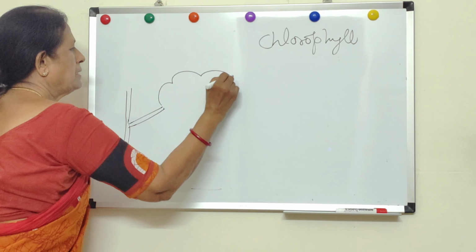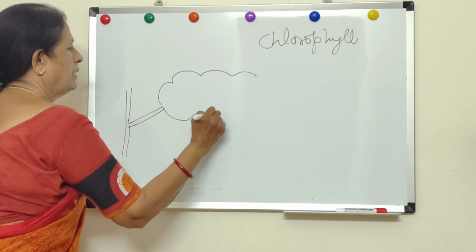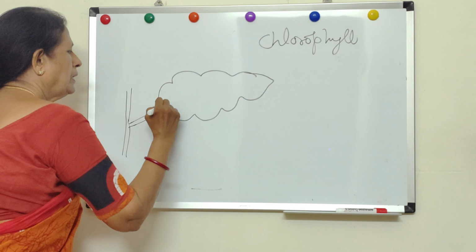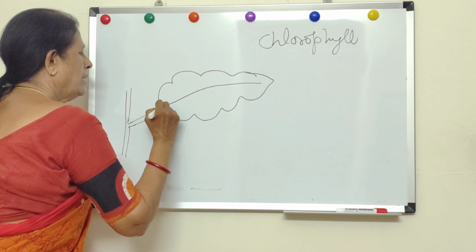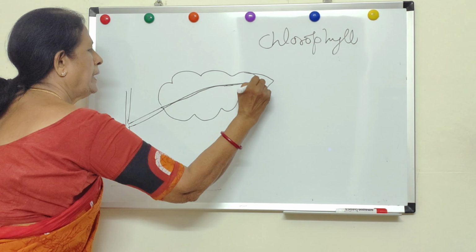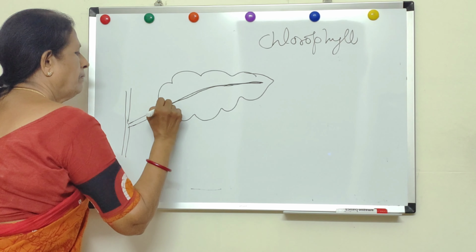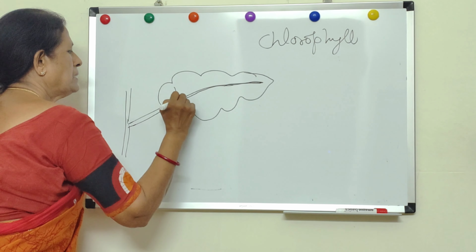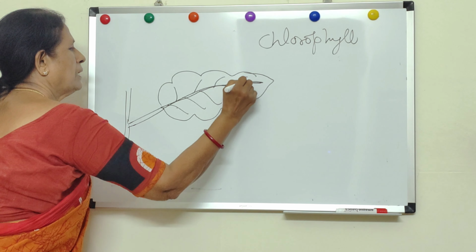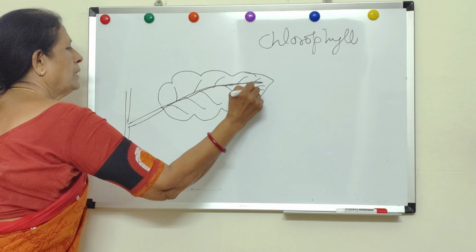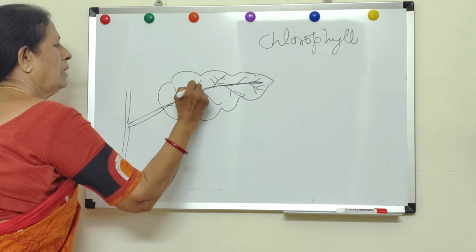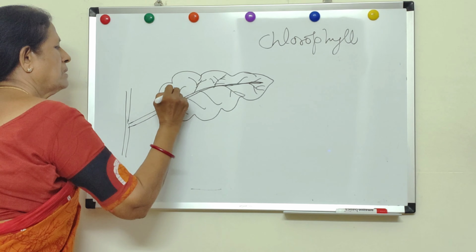In the middle of the leaf you can see a deep, thick line, from which smaller lines arise, and these again divide further and occupy the entire portion of the leaf.